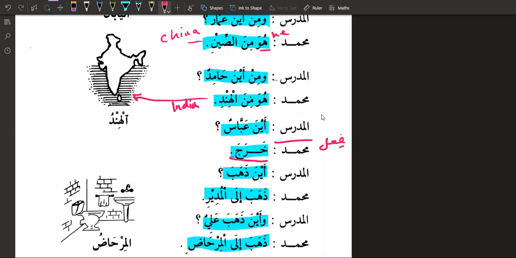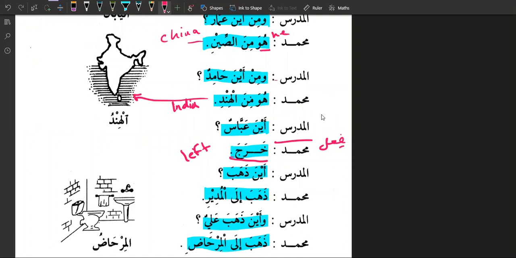And verbs are fixed, that when a harf jar, or when anything comes before it, it doesn't change them, except some, but we're not going to that. So kharaja means he left.